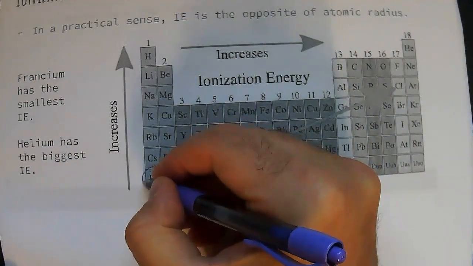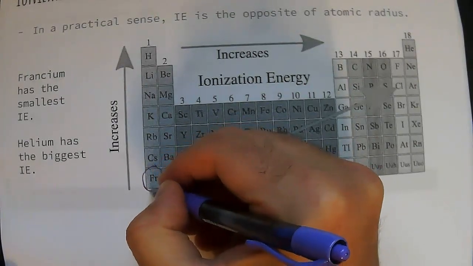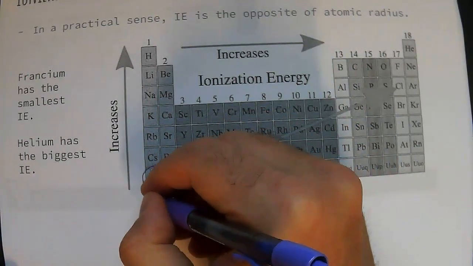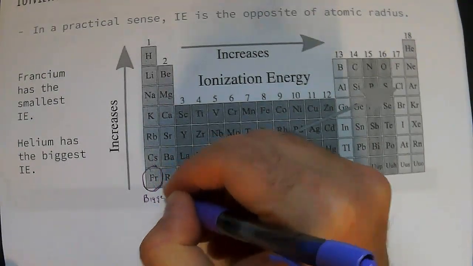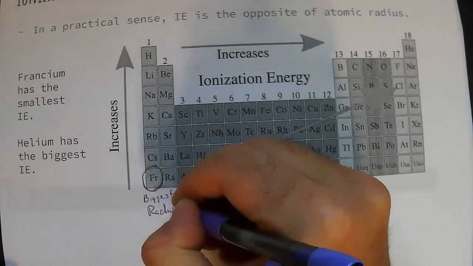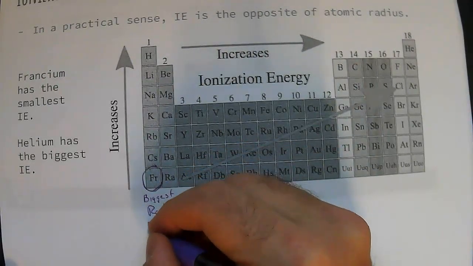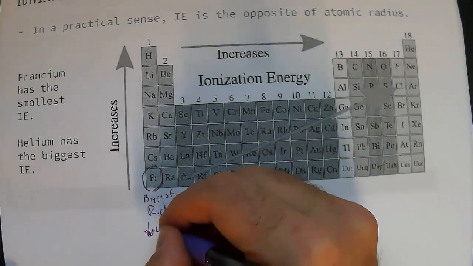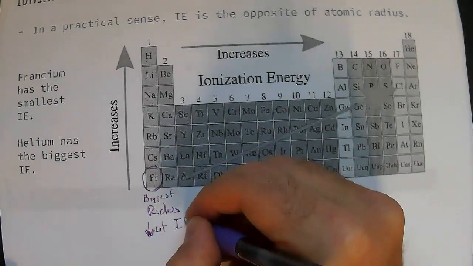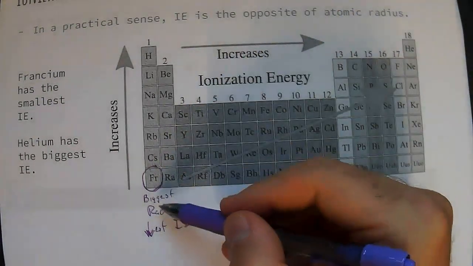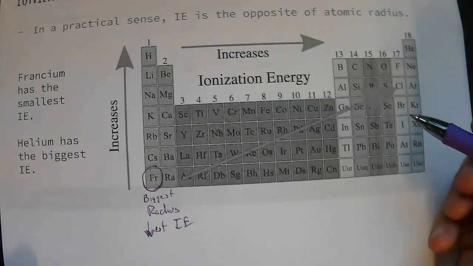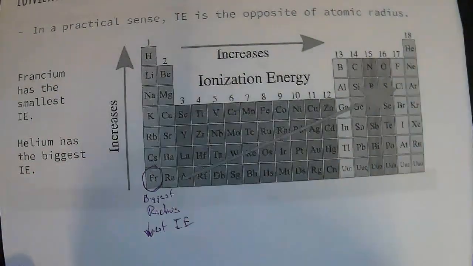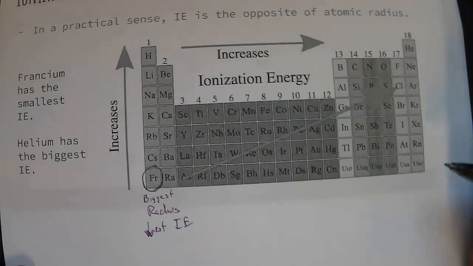So francium has the biggest radius, but has the smallest ionization energy. Because it's the biggest radius, it holds on to those electrons less tightly, and so it doesn't take much energy to remove them.